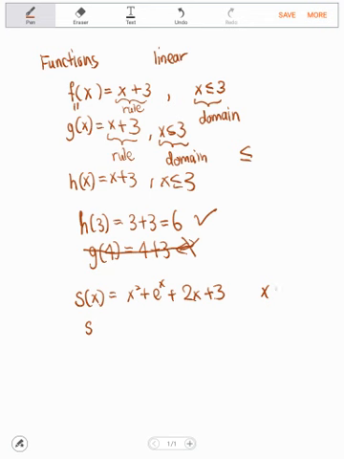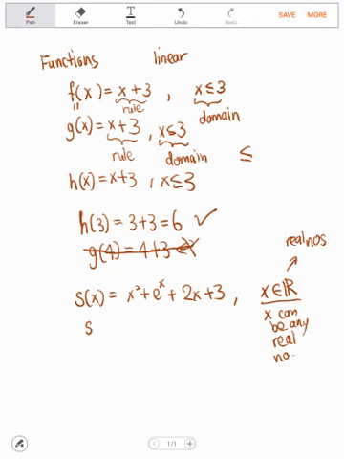So here, if I write this, that means x is an element of the real numbers. This is the symbol for real numbers. This means that x can be any real number. And what is a real number? A real number is any number besides a complex number.